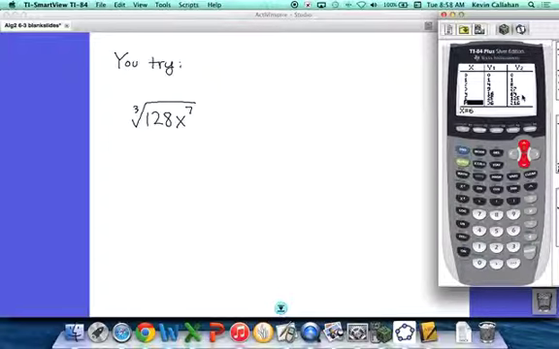And there's a little more simplifying to do. It's almost right, but x to the 7, 7 divided by 3 doesn't go evenly. What's the next lower number which is divisible by 3? 6. It should have been an x to the 6 times x.